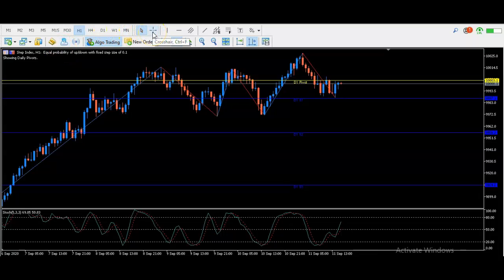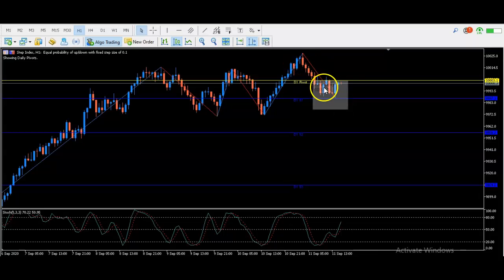We want to wait for an oversold level. As you can see, this is coming close to support. We've been getting rejection, so it's coming close to support. So of course we can now start anticipating that it will buy.